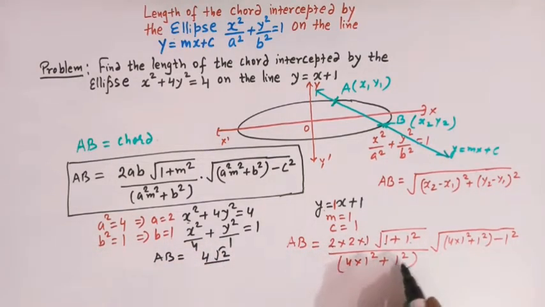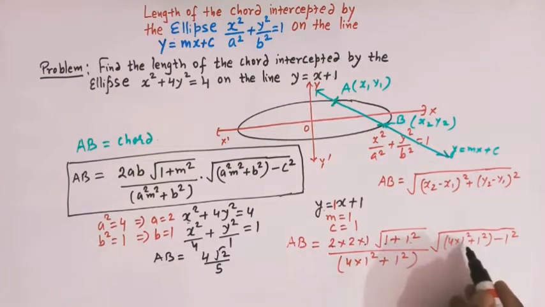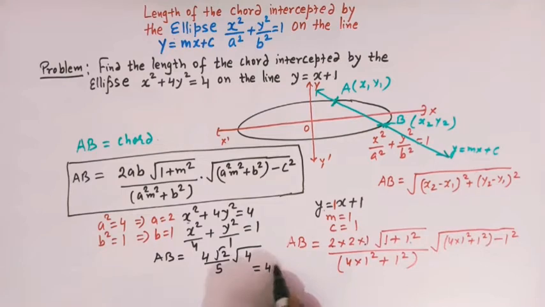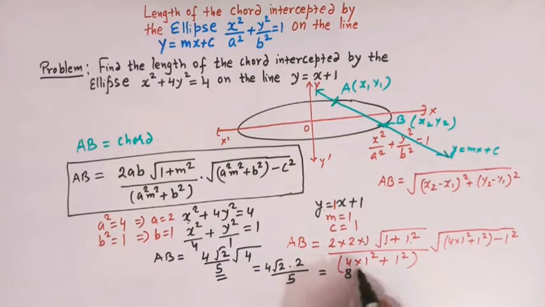Here we have 4 plus 1, that is 5, and under the square root, 4 plus 1 is 5, 5 minus 1 is 4. The square root of 4 is 2, divided by 5, and if we solve this, we get 8 times square root of 2 divided by 5.